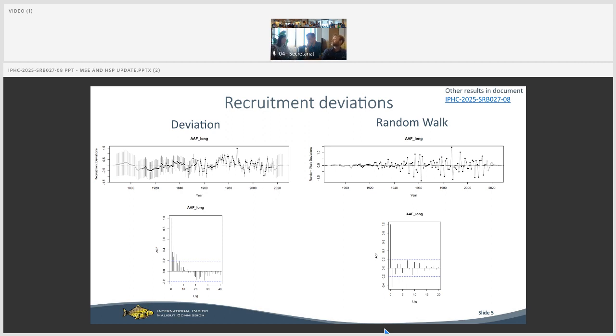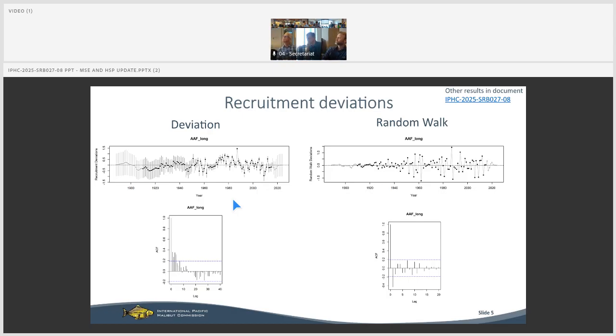In the document, I present more than what I'll present to you today. I present this look for all four models in the ensemble from the stock assessment, using the 2024 stock assessment. I've plotted out on the top left, from the AAF long, the actual deviations.